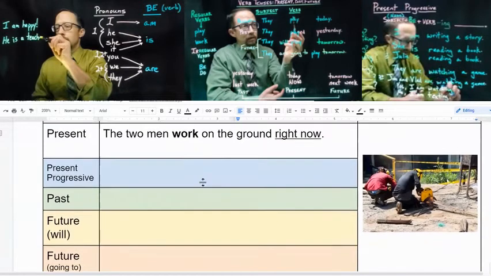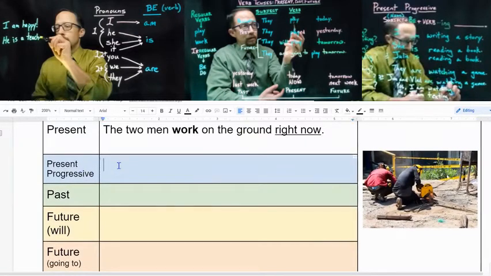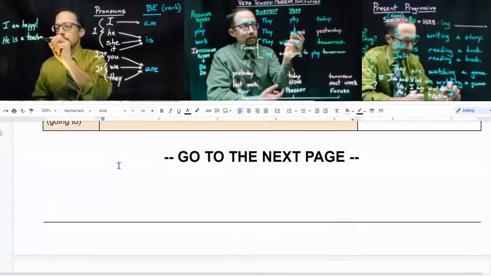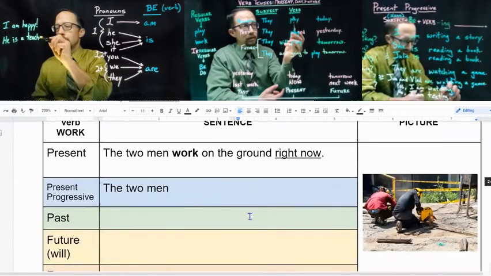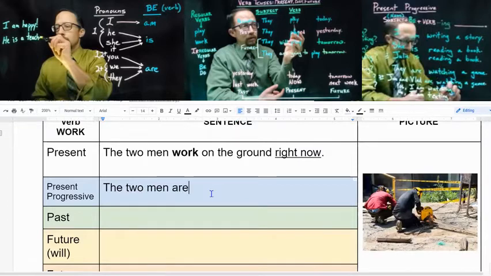So now let's do the present progressive. Again, it is the two men, but now we have to look at our notes. Present progressive, we use am, is, are, and then ing. There are two or more, like they, so we have to use are. The two men are, and remember we put ing, the two men are working on the ground.